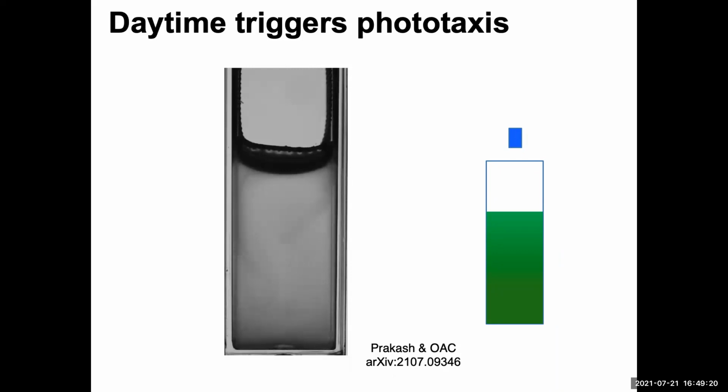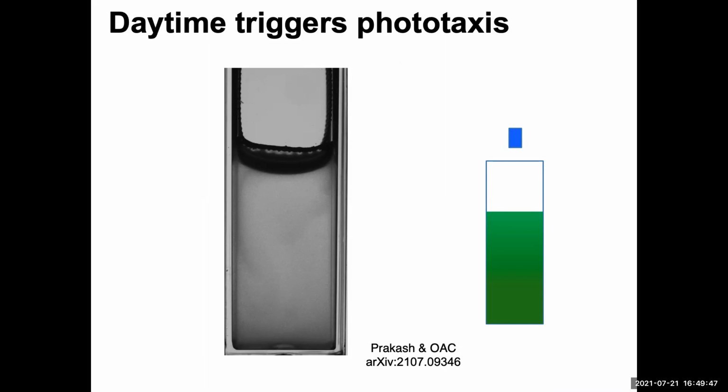So it would be nice to actually grow some cells and image them at the same time to measure the motility parameters as the day-night cycles happened, which is not what we did. We sampled from cultures that were growing in day-night cycles. So it'd be nice to do a sort of live motility measurements.